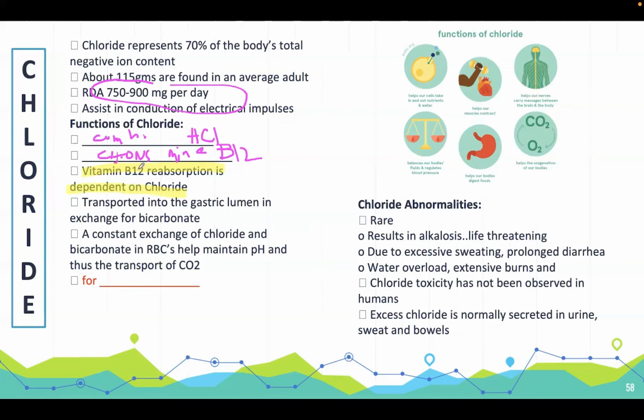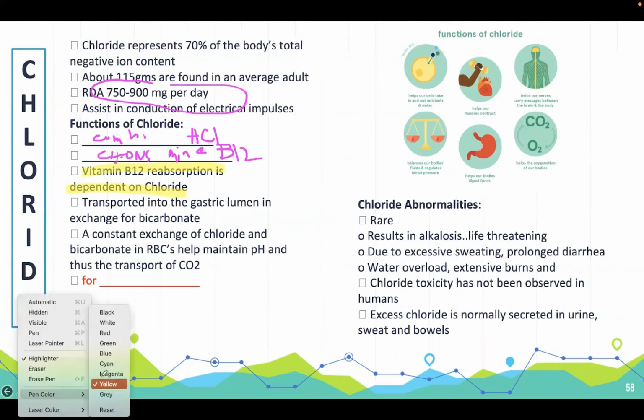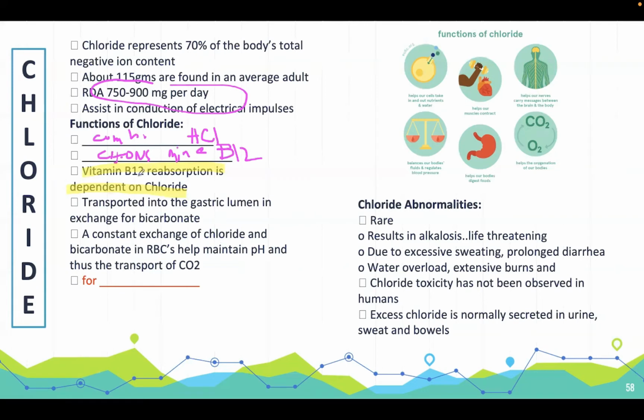Okay, the chloride is transported into the gastric lumen in exchange for bicarbonate. A constant exchange of chloride and bicarbonate in the RBC helps maintain the pH, thus the transport of your carbon dioxide. Sorry, palitan lang natin. Okay, so important po si chloride involving doon sa ating mga red blood cells.